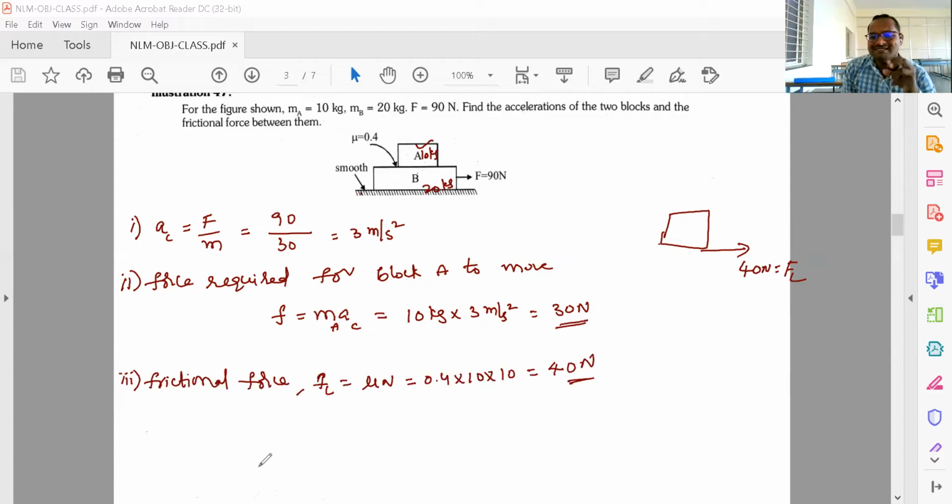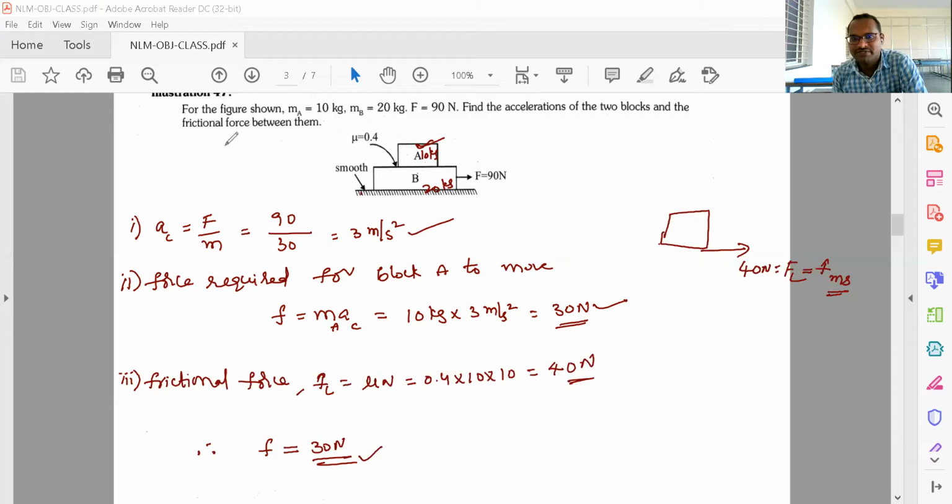Then with what acceleration will it move? You know, limiting frictional force is nothing but maximum static frictional force, and static frictional force is a self-adjustable force. So it will adjust itself to 30 Newton, so that the required 30 Newton force is provided to block A to move together with block B. So both will move together with 3 meter per second square acceleration.